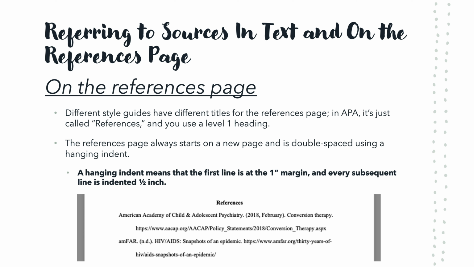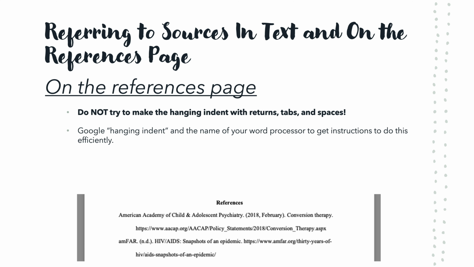A hanging indent means that the first line is at the 1-inch margin and every subsequent line is indented a 1/2 inch. If you don't know how to make that happen on your word processing program, Google hanging indent and the name of your word processor. Do not try to make the hanging indent with returns, tabs, and spaces. It is a mess, so don't do it.